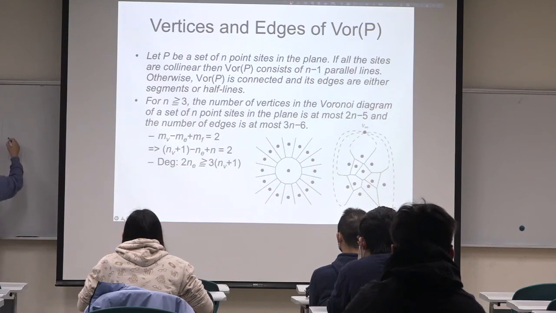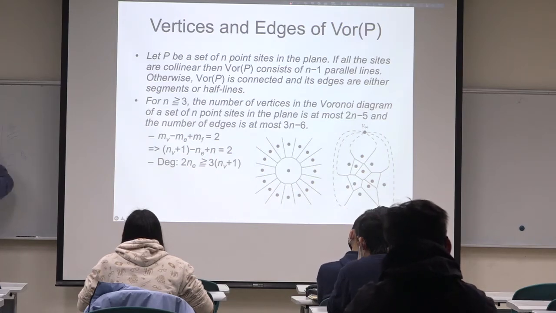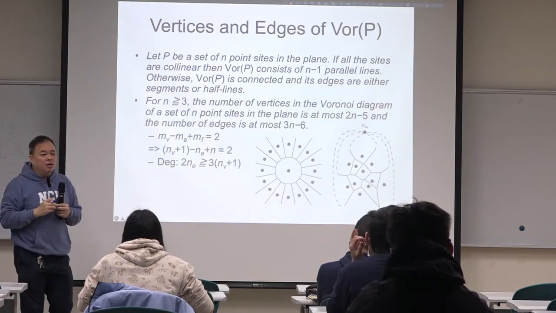Because all the points here are closer to P3, all the points here are closer to P1, and in between, they'll be closer to P2. Right?